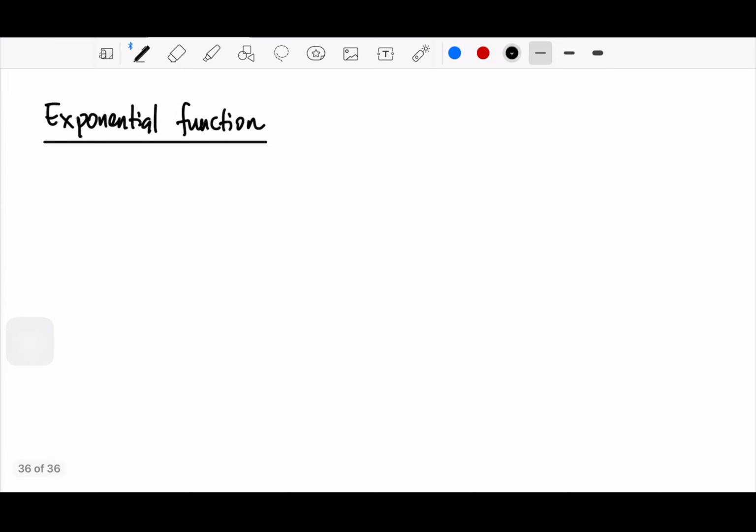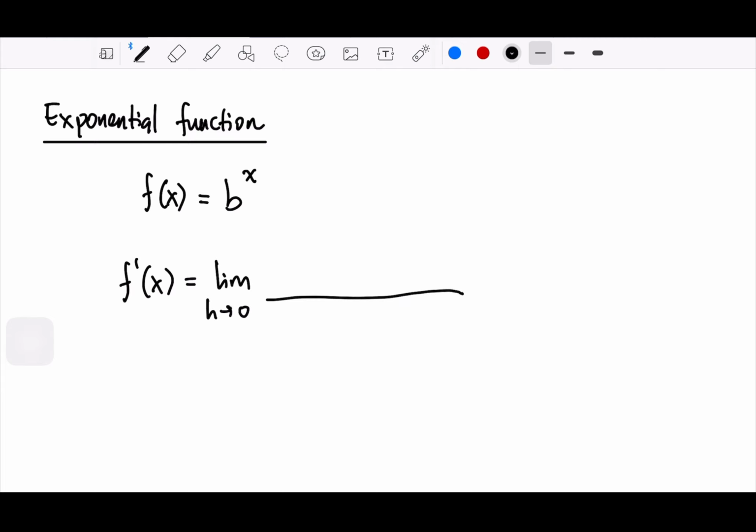Okay, let's write some function that is b to the power of x. By using the definition of the derivative, let me write the original equation so that you will always know how to write the equations.